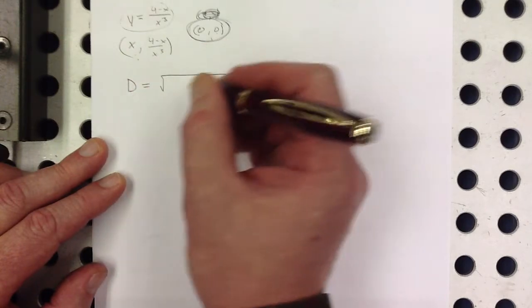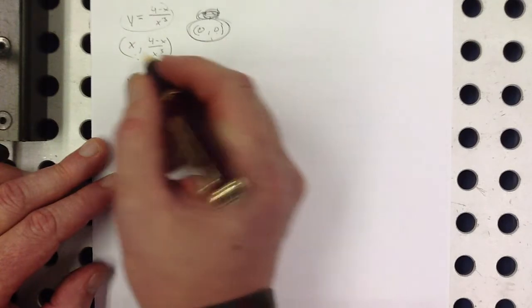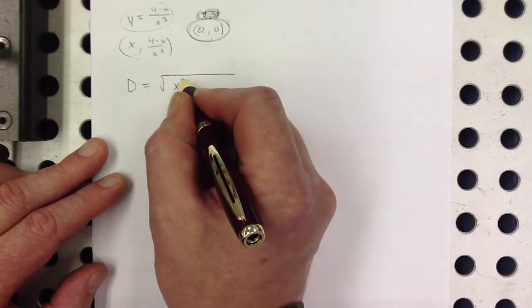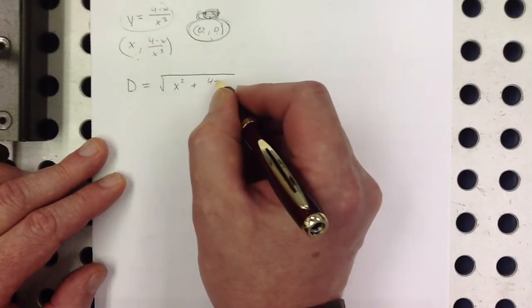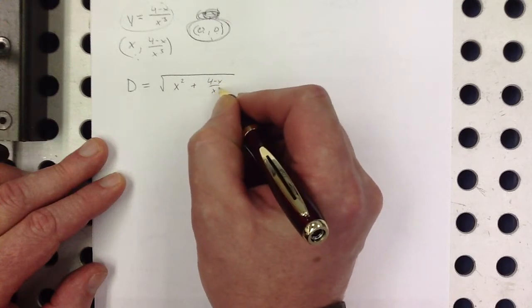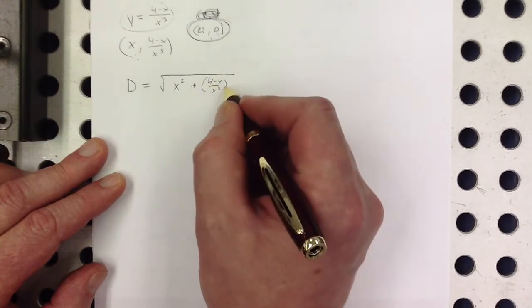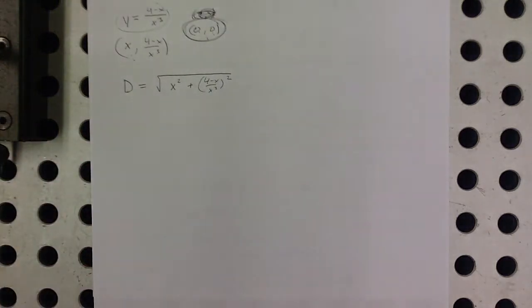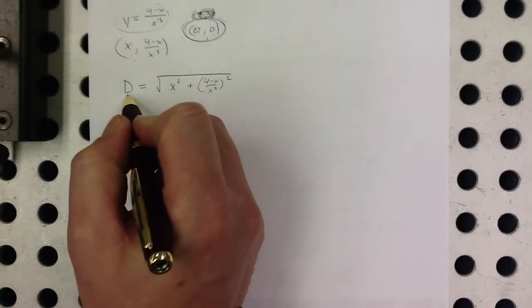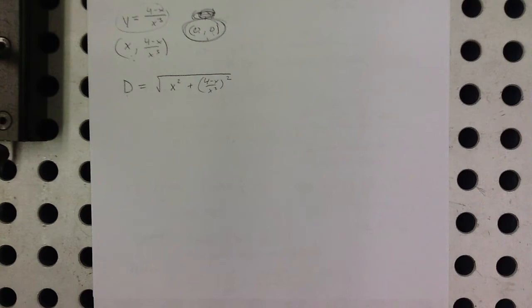distance formula. So it's x minus 0 squared plus y minus 0 squared. That's the distance between this point and the origin. And we want to know how that distance is changing when dx dt is equal to 2.